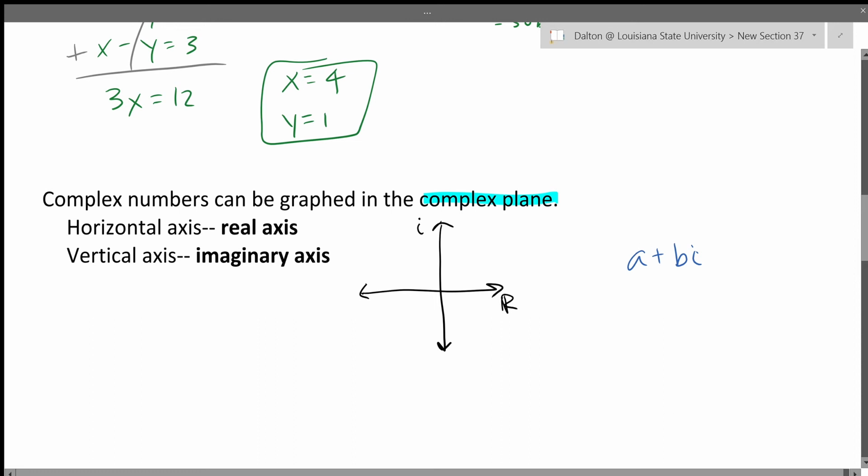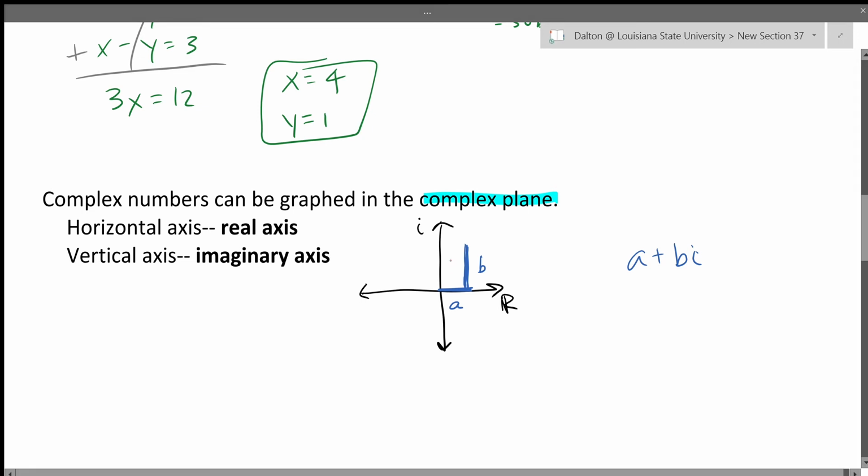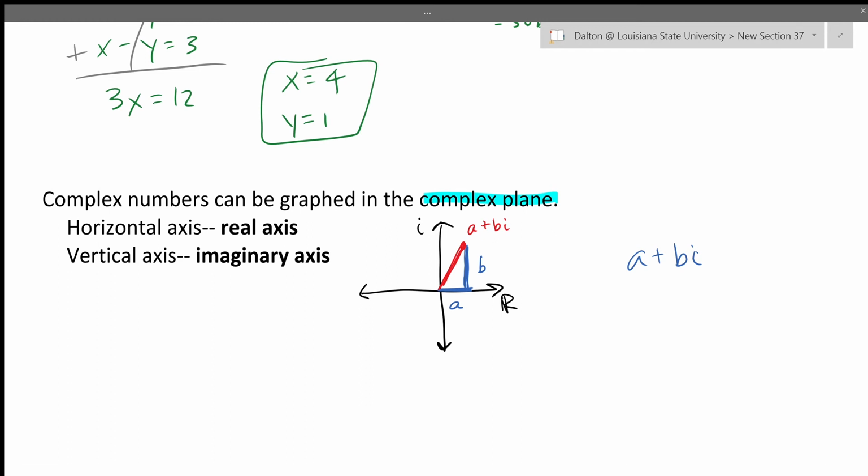Since a is the real component, you'll move along the real axis for a, and then you'll move along the imaginary axis up or down for b. So a plus bi would be essentially the hypotenuse of the triangle. Does that make sense?